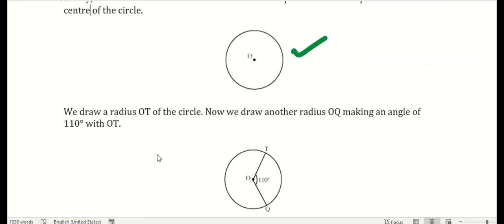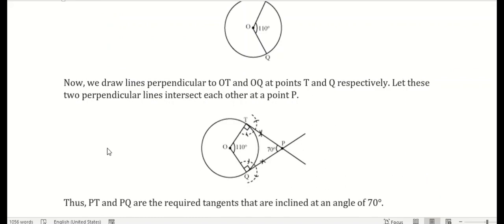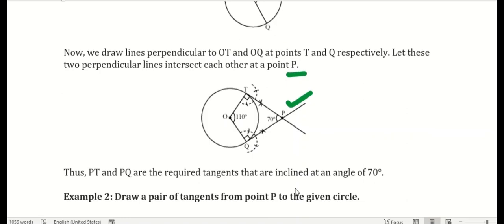We draw a radius OT of the circle. Now we draw another radius OQ making an angle of 110 degrees with OT. Now we draw lines perpendicular to OT and OQ at points T and Q respectively, intersecting at point P. Thus PT and PQ are the required tangents that are inclined at an angle of 70 degrees.